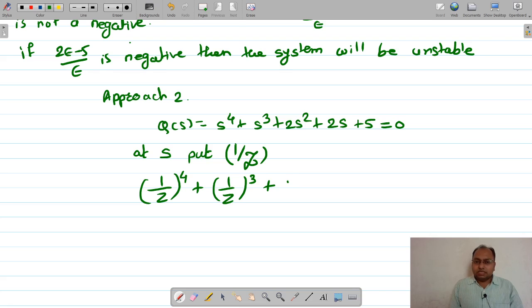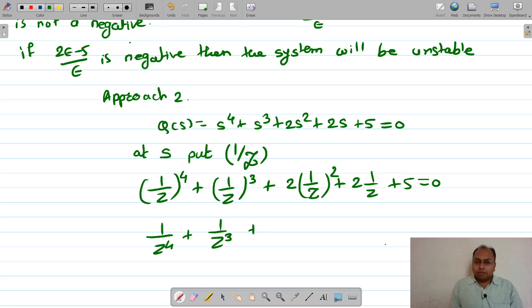This is another approach that we are going to use, plus 2 times 1 by z square, plus 2 by z, plus 5 is equal to 0.